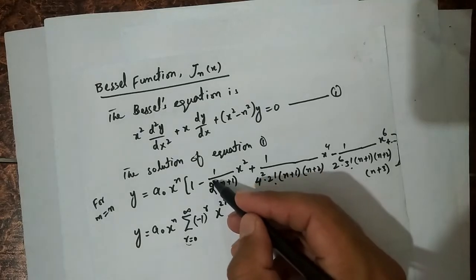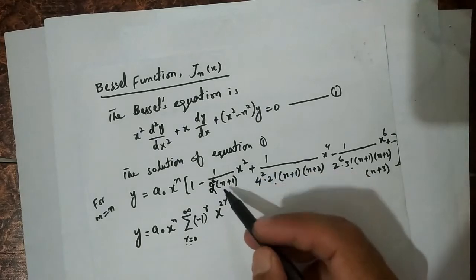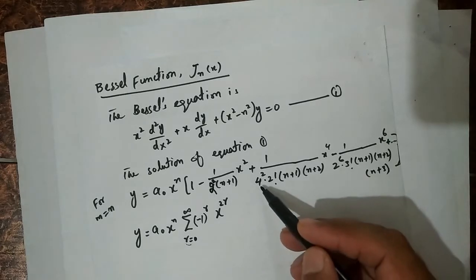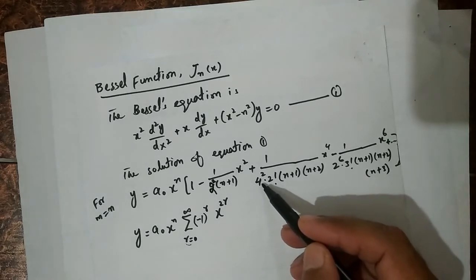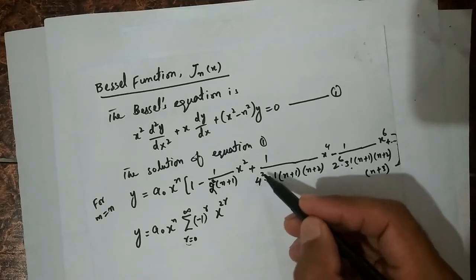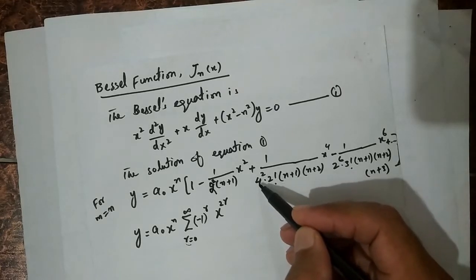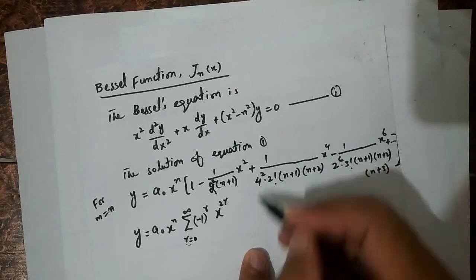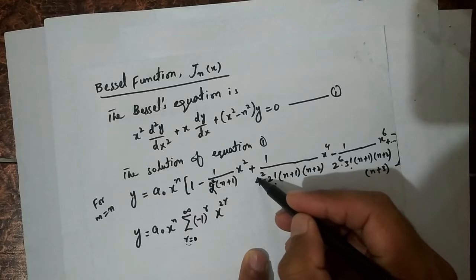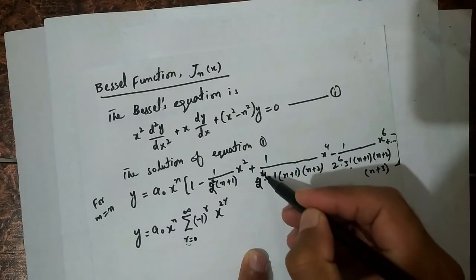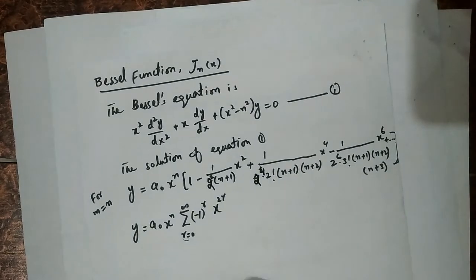Let me write it as 2 square here, because here we have 2 square, then 4 to the power 2, or we can write 2 to the power 4. So if we write it as 2 to the power 4, again it gives the same result.